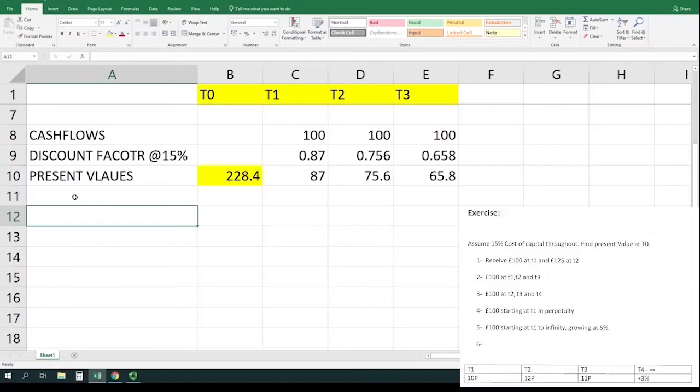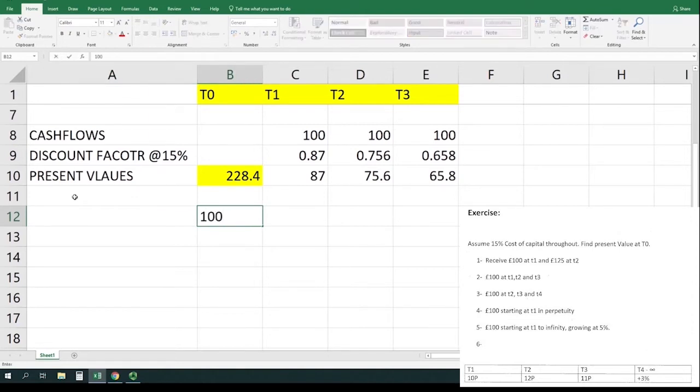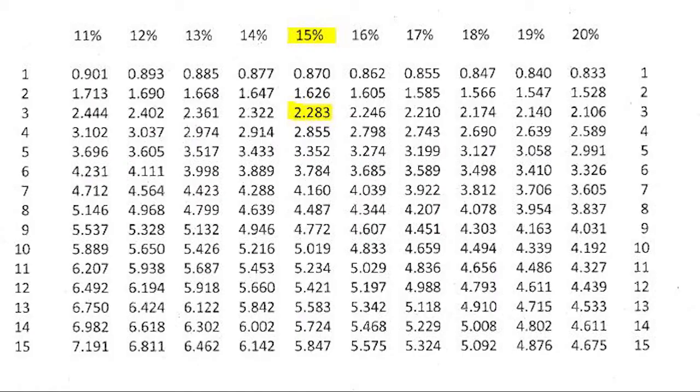Rather than doing the long way, we can multiply the 100 with the value of £1 received for 3 years consecutively under 15%. The annuity factor for £1 received for 3 years is 2.283.